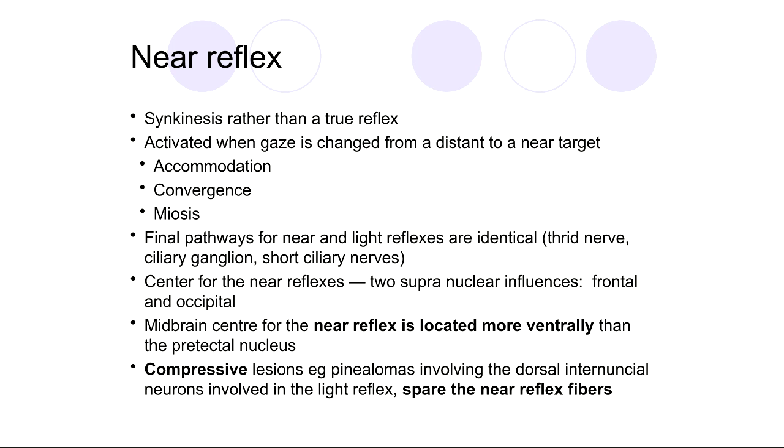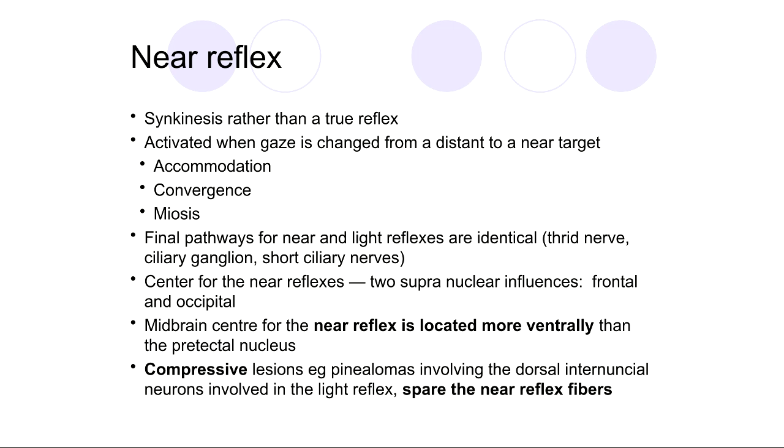So the near reflex isn't really a true reflex, and it's activated when the gaze is changed from looking in the distance to a near target. It has three components: accommodation, convergence, and meiosis, CAM. The final pathways for the near and light reflexes are identical, meaning they go from the third nerve, ciliary ganglion, short ciliary nerves.